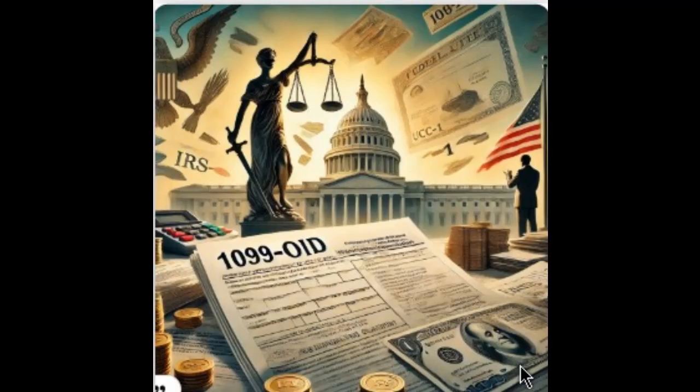Utilizing the 1099 OID for financial redemption. How to reclaim financial control. 1. Obtain a certified copy of the birth certificate from the Vital Records Office in your state. 2. Accept the birth certificate for value, acknowledging it as a financial instrument. 3.